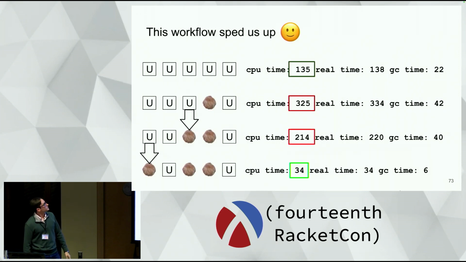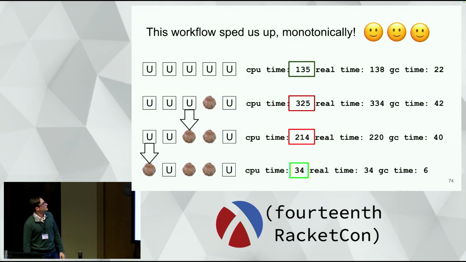And so yeah, this workflow sped us up, but I also want to note that it did it monotonically. We just got better and better and better from where we started at 325 until eventually we reached something that was faster than our signpost for what we consider to be a fast program.